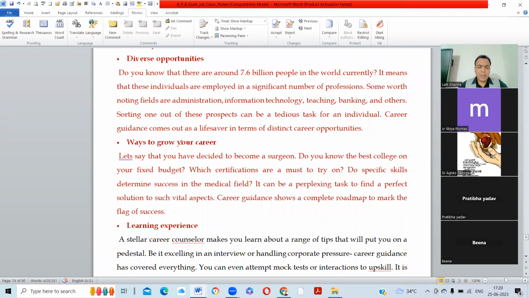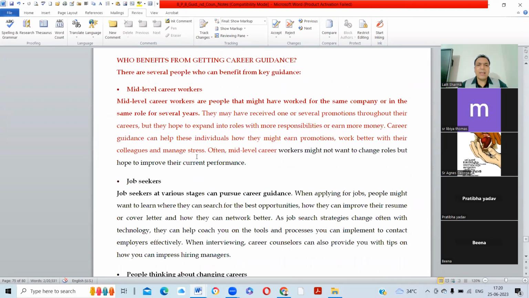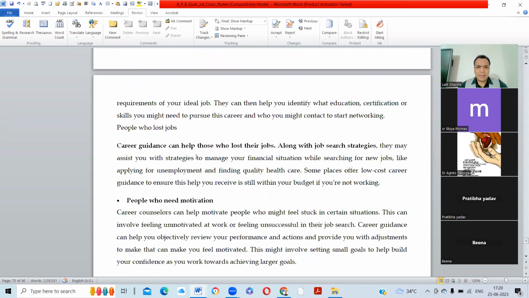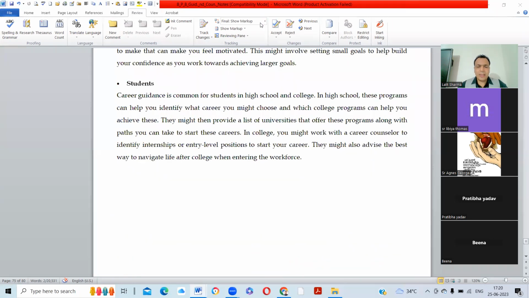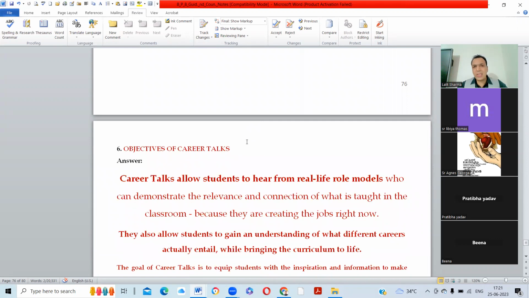Diverse opportunities, ways to grow your career, learning experience. Basically, these things are very rare in India. In India, teachers and schools are just working on getting students through: get 10th done, get +2 done. But basically we don't have to make robots of the students. We have to provide the educational, personal, and vocational guidance to the student, right?